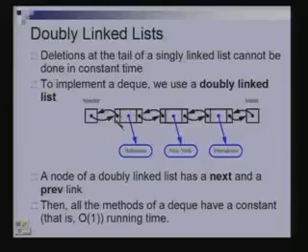A doubly linked list has nodes with two pointers, one a next pointer and one a previous pointer. We are also going to have two sentinel nodes here, and I will come to the need for them in a minute. Each node has two pointers, one pointing to the next and one pointing to the previous. Now, using such a list, we can implement all the operations of a double-ended queue in constant time.